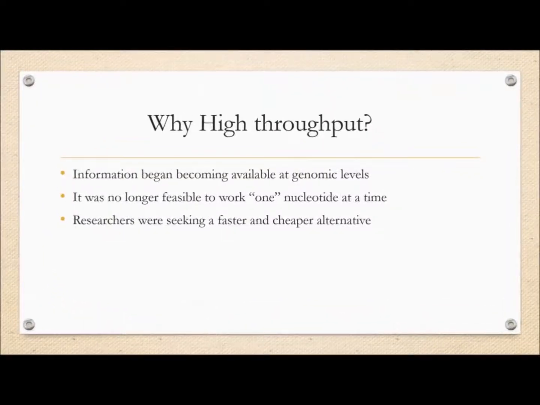So information began becoming available at genomic levels, right? So imagine the effort that would take to deal with one sequence, and we looked at that in terms of how you would break up a sequence of interest in very strategic ways, and then use chromatography methods in order to identify what those fragments are.